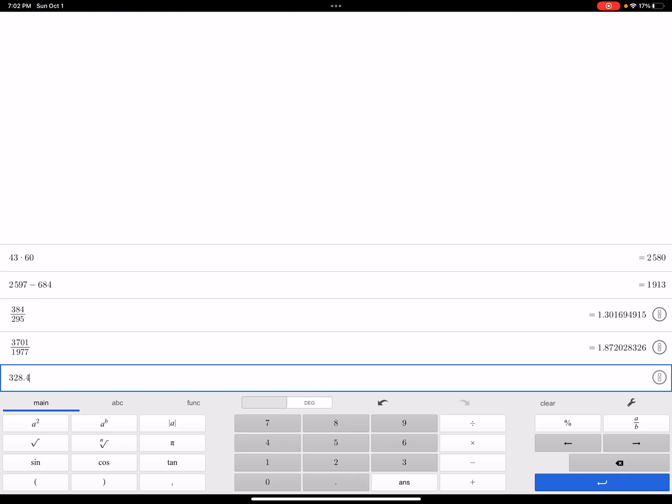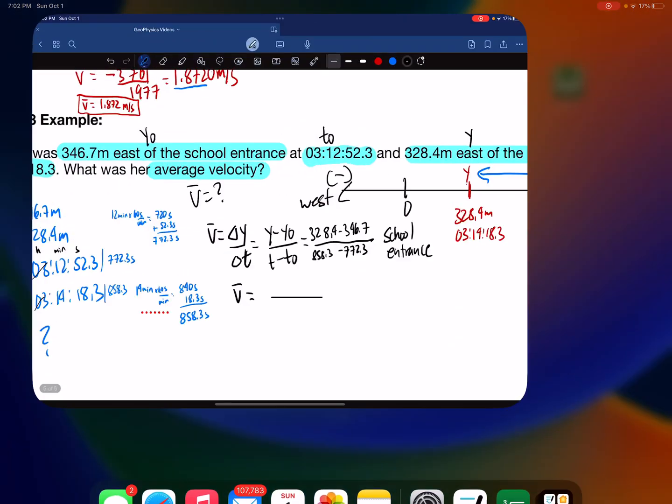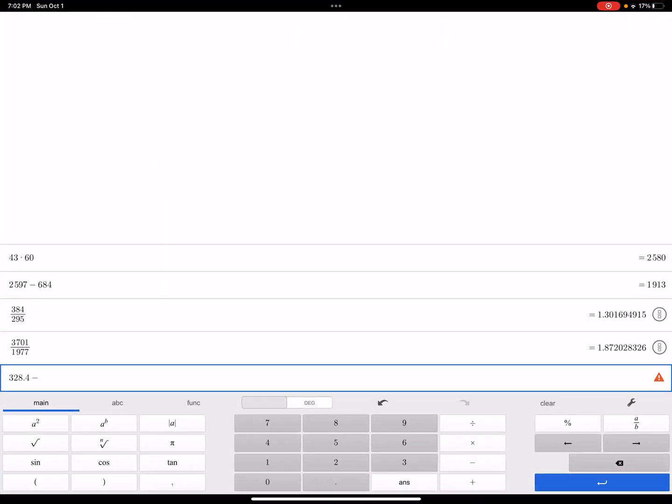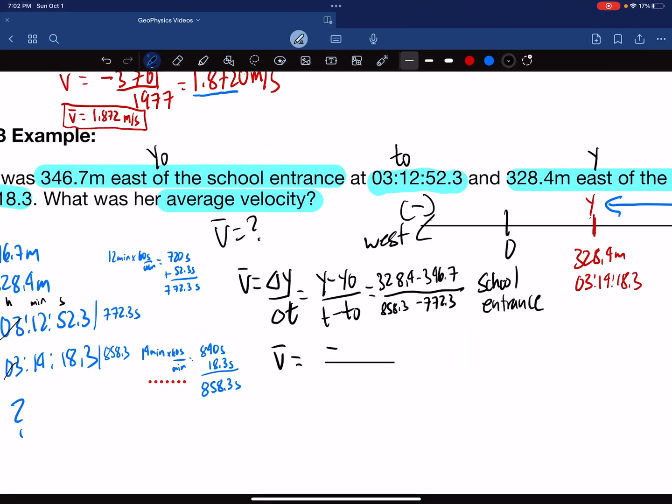That gives us negative 18.3. Minus 18.3 meters.